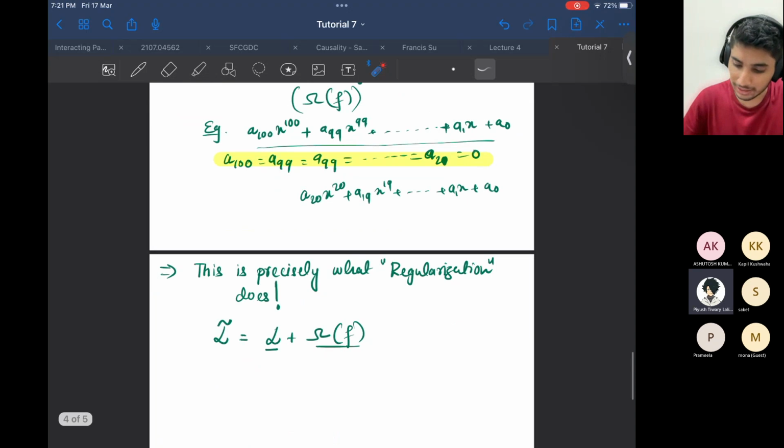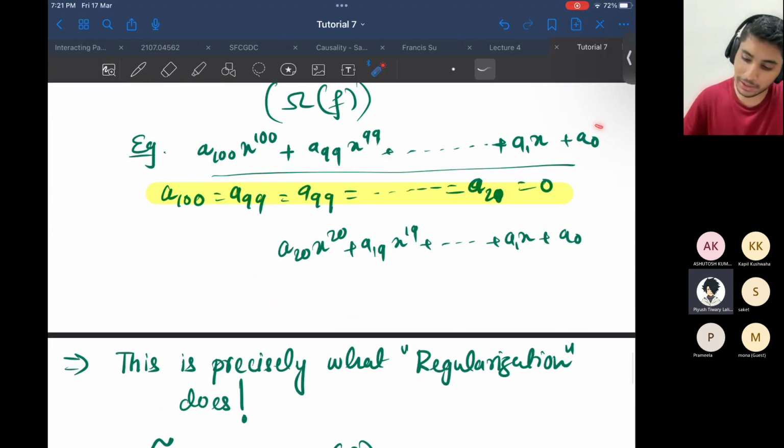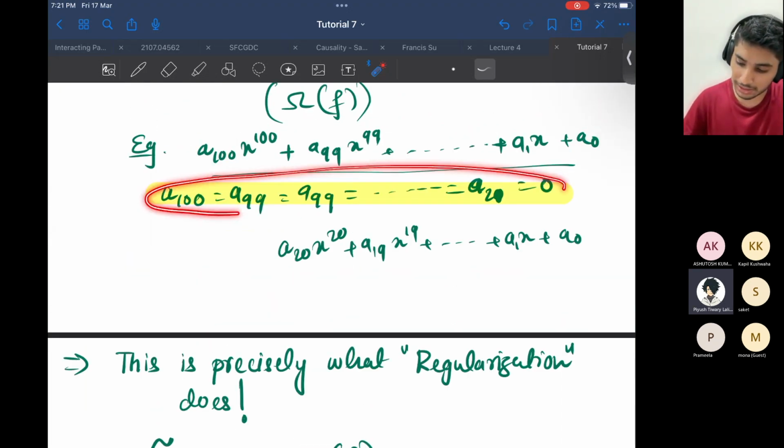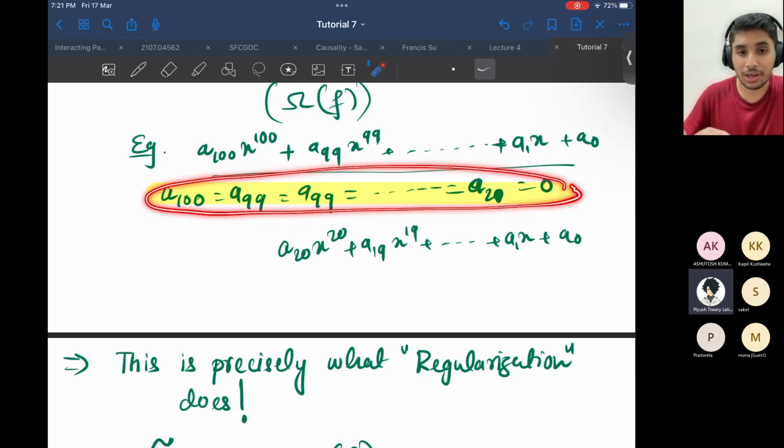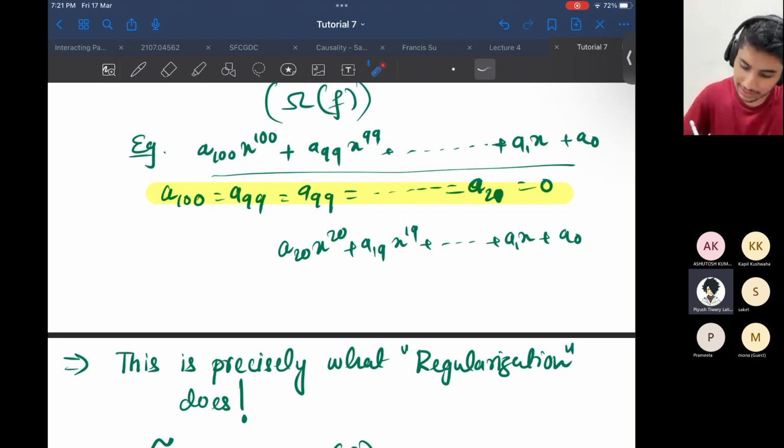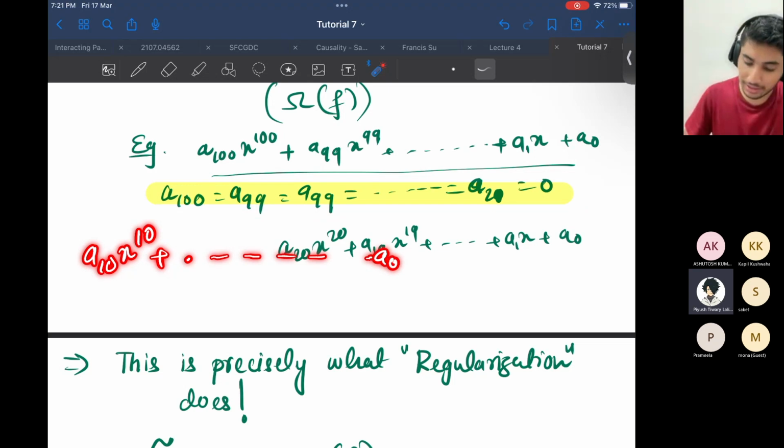For example, in this example, it was much easier to set a set of coefficients to 0. Let's say I started with something like a10 x raised to 10 plus something something something plus a0.